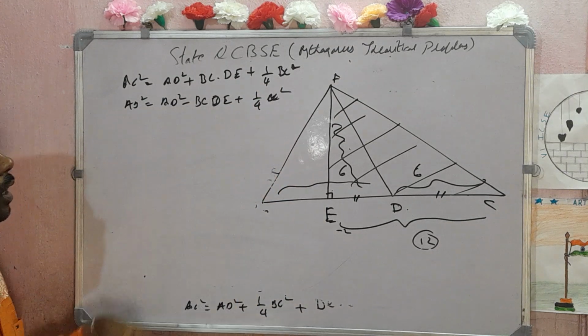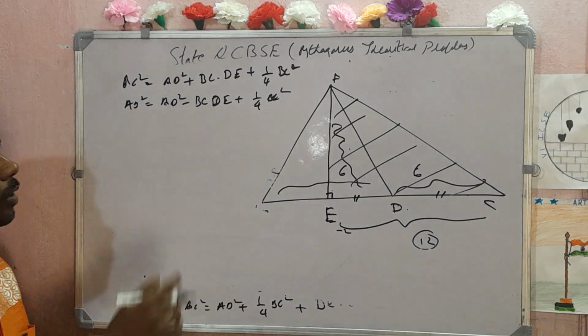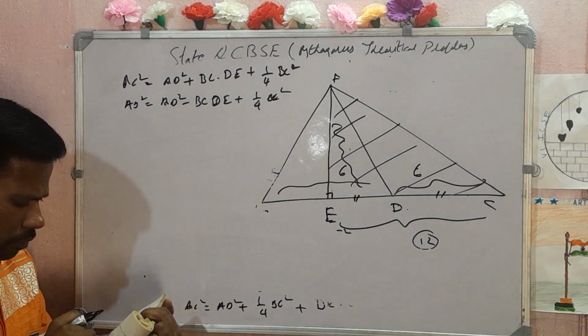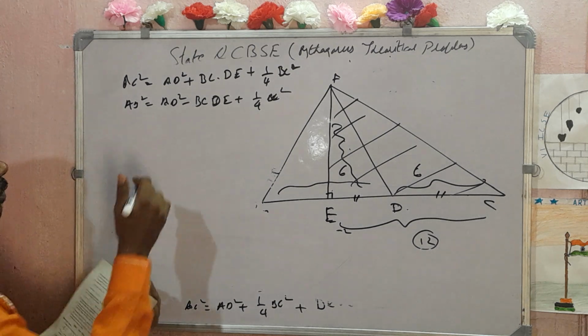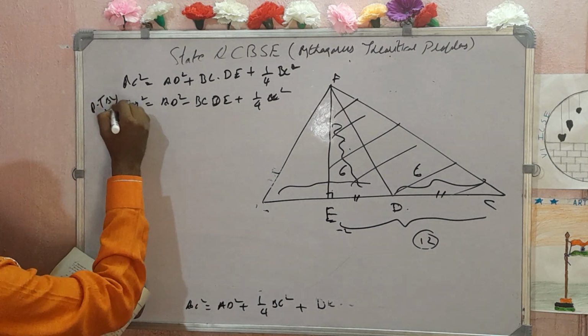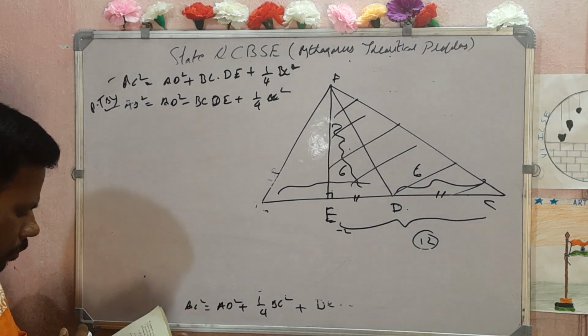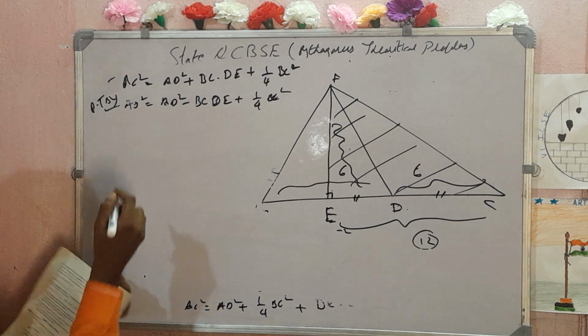This one, same thing, you prove by yourself. It's very simple. I am not going to do it because both are the same. Third one, try by yourself. First one I did, second one you do it. Third bit is what?